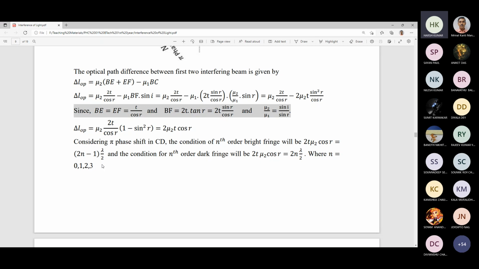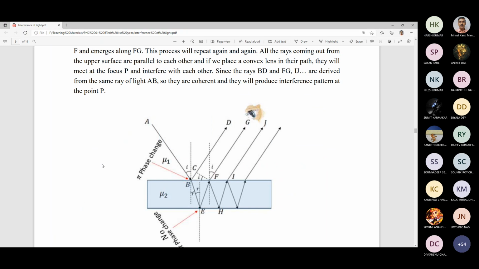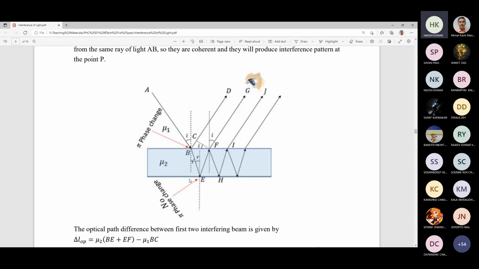So, sir, in the BC part there is an additional phase difference, so minus lambda by 2 will be there now, because we are subtracting the second ray from the first ray, like mu2 BE plus EF minus mu1 BC. So, sir, we are subtracting from the first ray, so it will be minus lambda by 2 now.